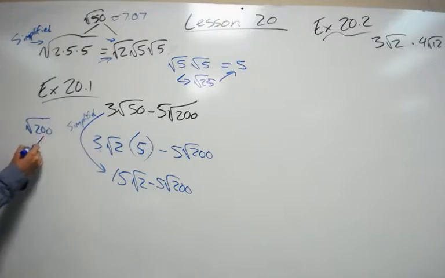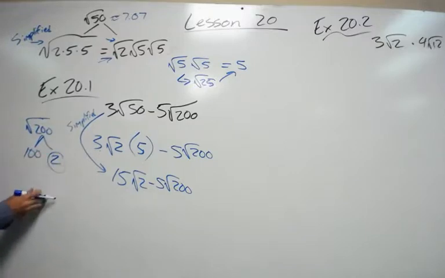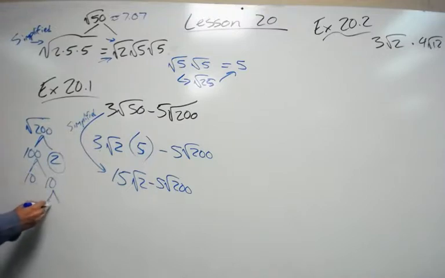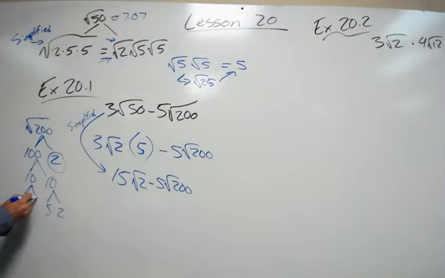Well, you have 10 and 2. There's a prime number. You have 10 and 10. And then for both 10s, you have 5 and 2. And that gets us down to all these prime numbers. Once again, if you multiply the prime numbers, they would equal 200.